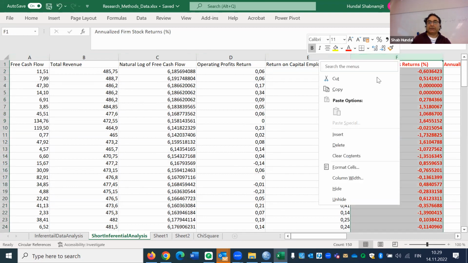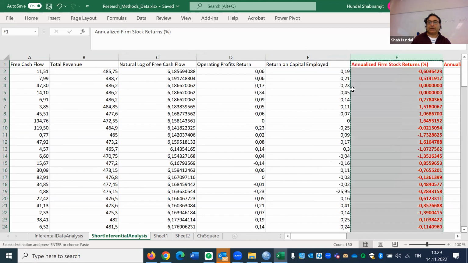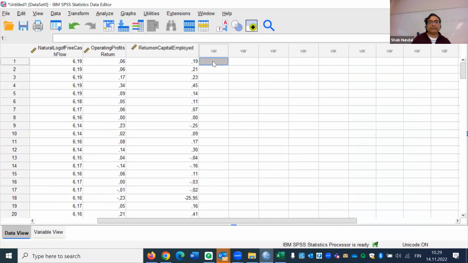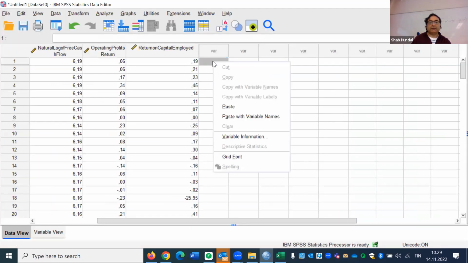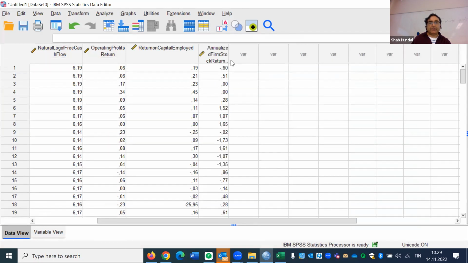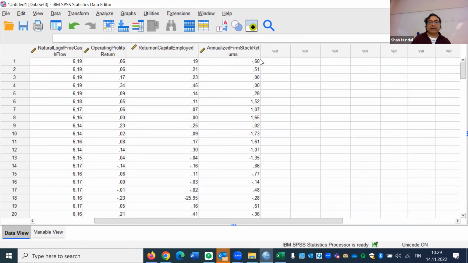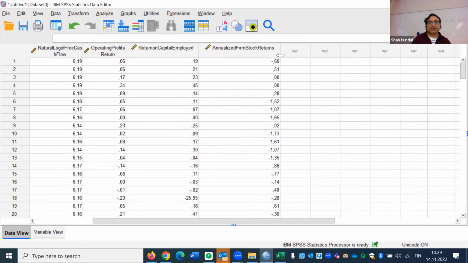So I copy it once again, go to the SPSS workspace, click right, paste with the variable name, and it shows me the annualized stock return.